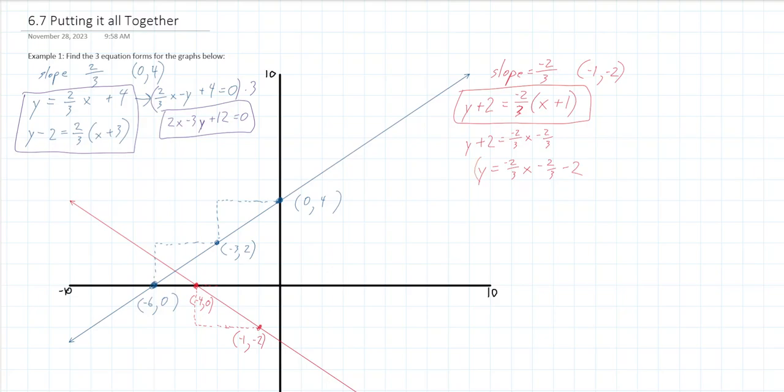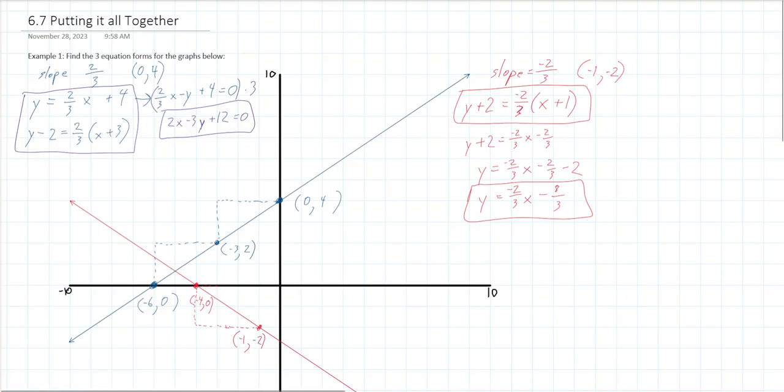Then we can multiply the entire thing. Oh no, we don't have to do that, actually, my bad. We'll have to do it for the other step, but not for this one. So this is going to be y equals -2 over 3x minus 8 over 3. Okay, so this is our y-intercept slope form.